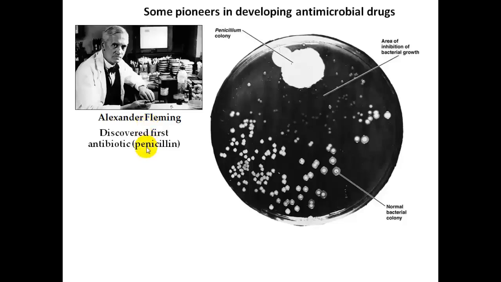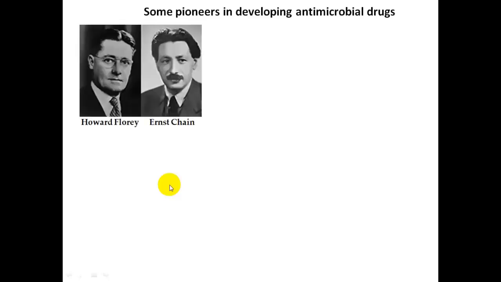The people who made that happen, so how about if we sum this up? Alexander Fleming is credited with discovering the first true antibiotic that people use, penicillin. But it wasn't until about 12 to 15 years later, during World War II, that two scientists, Howard Florey from England and Ernst Chain from Germany, stumbled across Fleming's paper describing penicillin.